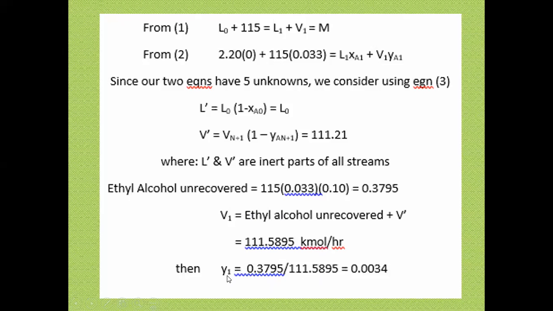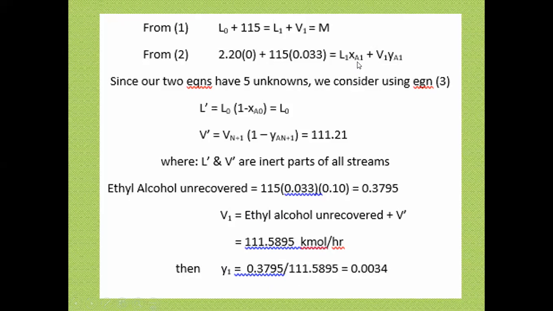By the way, class, this is YA1. I missed writing the A here. So this is YA1, the YA1 that you have here. But actually, it's understood to be in terms of A because we're balancing everything here in terms of ethyl alcohol, which is A.